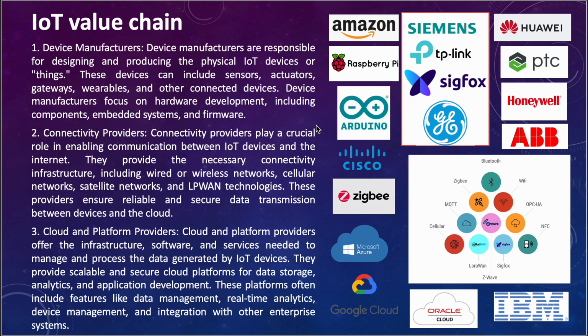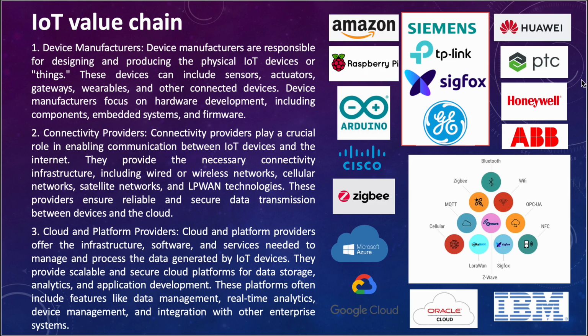So here we have Siemens, right? They produce industrial level IoT devices. We have General Electric, which is also a producer of industrial level IoT devices. We have Huawei, which is more towards customer based IoT devices, right? Siemens and General Electric are more towards business to business.